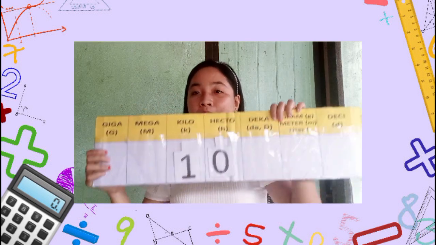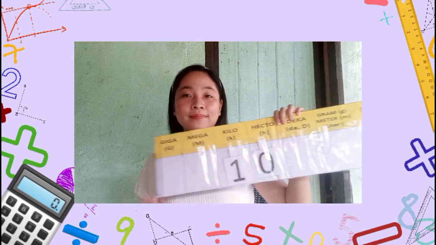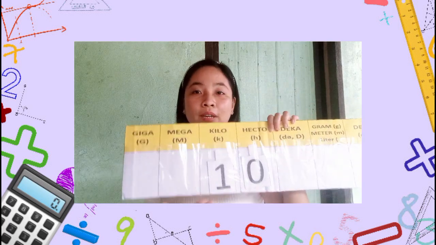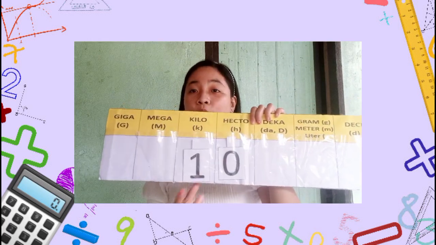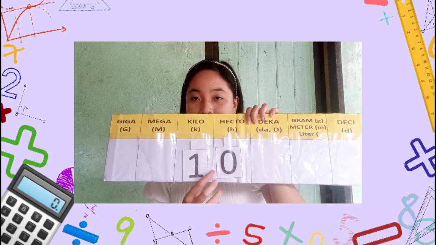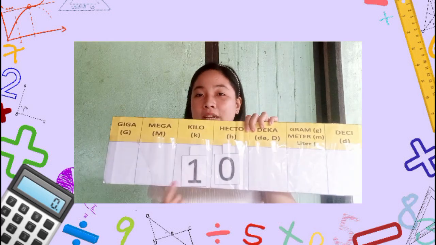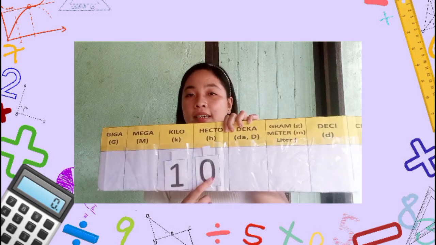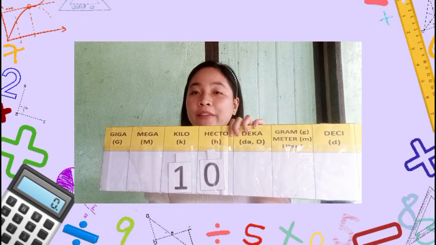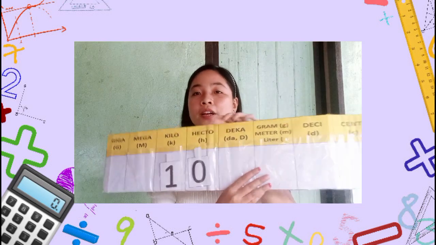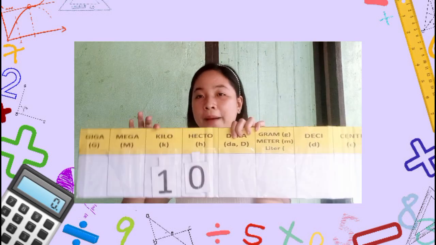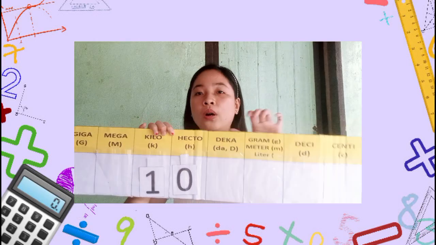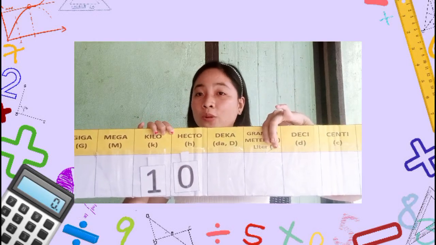So based on the given problem, we convert 1 kilometer into hectometer. So 1 kilometer is equal to 10 hectometers. Now, let's have another example. We need to convert 1 kilometer into meters.